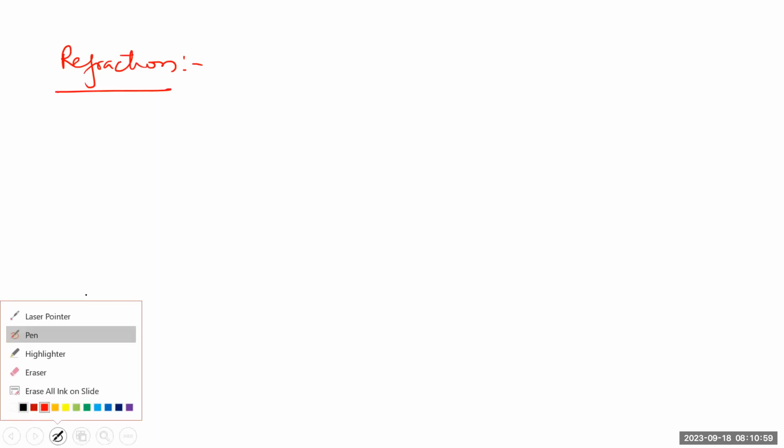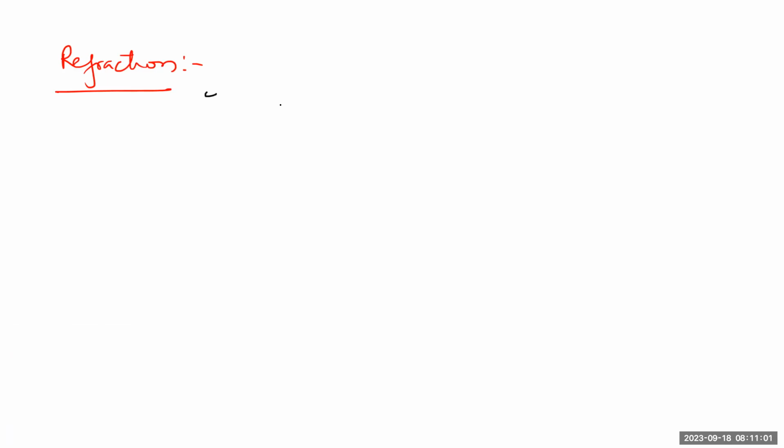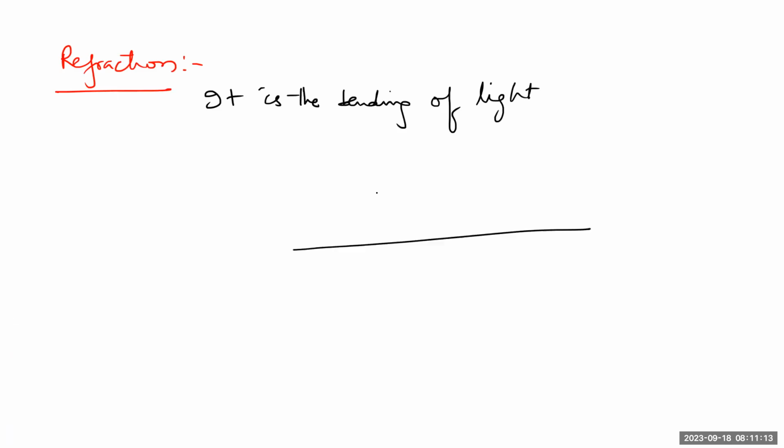Refraction, right? I told yesterday in the class that it is the bending of light. Whenever light encounters the interface of a surface, if this is the light which is falling at the interface, let me say this is my incident light.